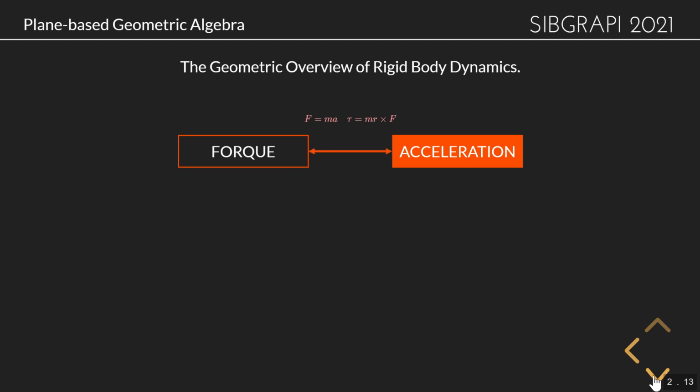But first, the overview. So we've just seen that forks, those are the lines you push along, and accelerations, those are the meet lines that you rotate around. They are each other's dual. So this classic way of formulating that relation, which actually uses a cross product, so you're really sure you can only use it in 3 dimensions, it completely goes away and gets replaced by this concept of inertial duality.